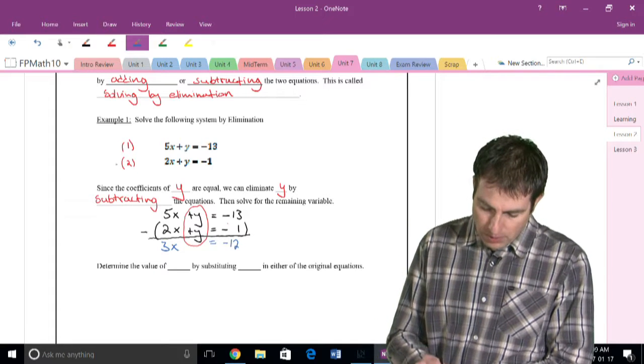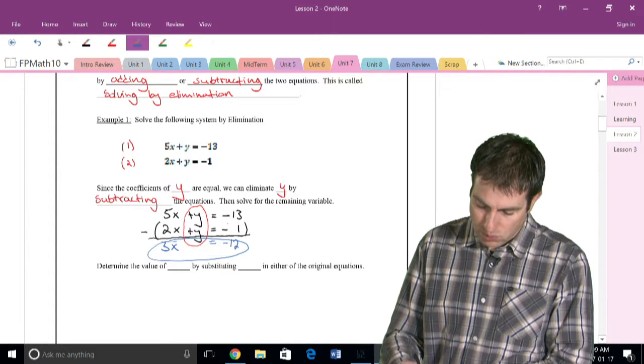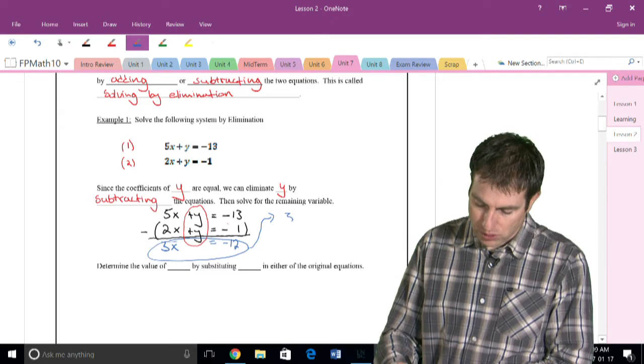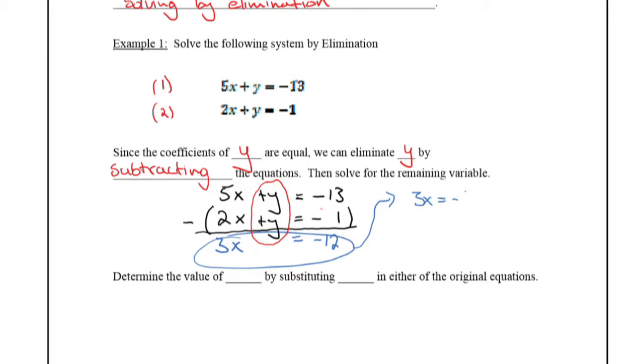The good thing about this equation is that it only has one variable in it.